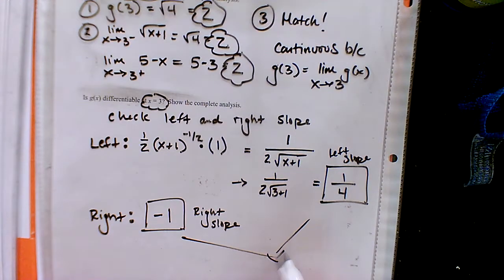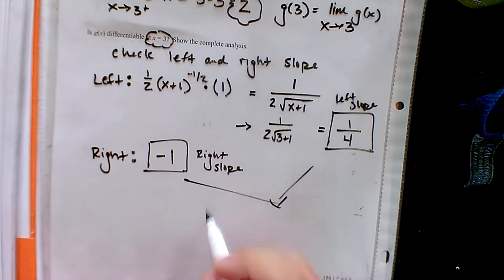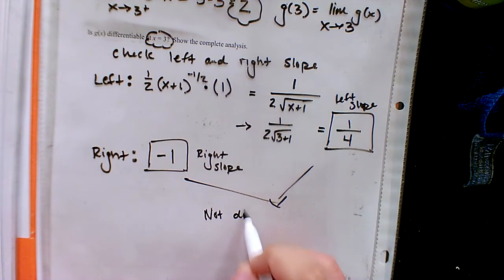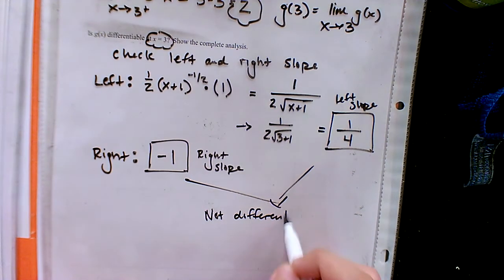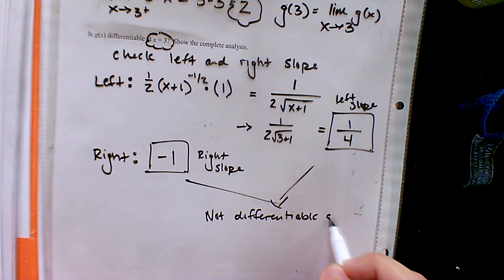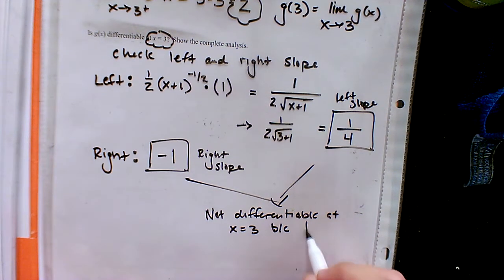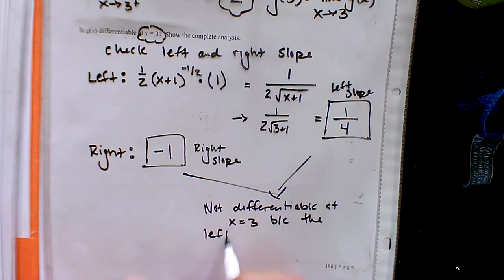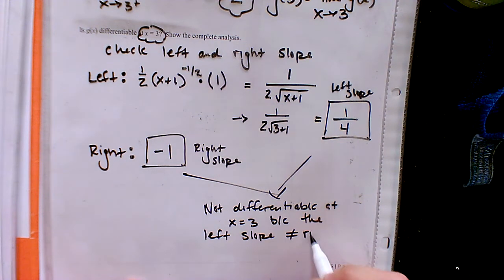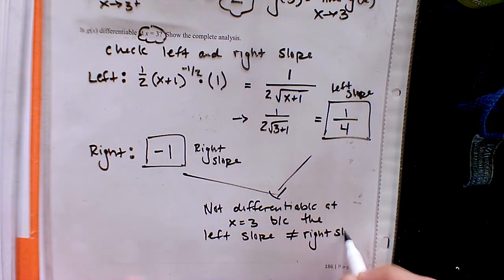So we can say that we are not differentiable at x equals 3 because the left slope does not match the right slope.